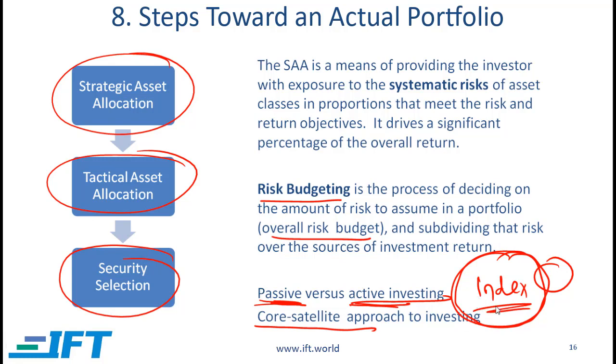So you are taking only systematic risk. And then a part of the portfolio, the satellite, is invested in stocks that you believe are undervalued. That part is called active investing. A combination of these two is referred to as a core satellite approach to investing.